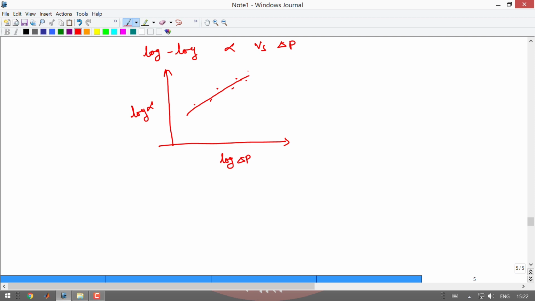So, from this equation, the slope from this plot will give the value of S.